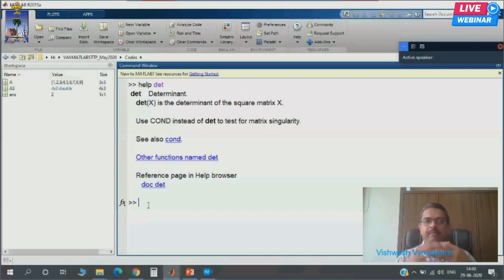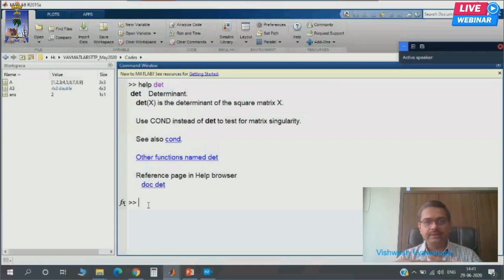Very simple. I remember again my college days when we had to write a code in C to calculate the determinant of a simple 2 cross 2 or 3 cross 3 matrix, and we were instructed to write a general code, not specific, so that if you enter any 3 cross 3 matrix in that, it will give you the answer.